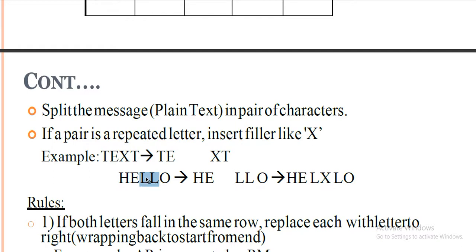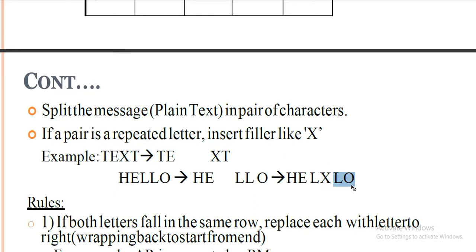So over here we need to apply x in between the two l's, so it becomes lx and lo. So he is the first pair, then to separate we put the x in between the two l's, so lx is the second pair, and then the remaining two characters, l and o, become our third pair.